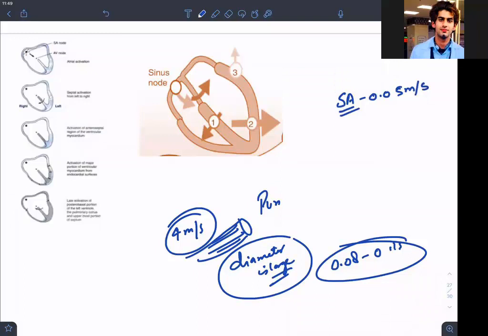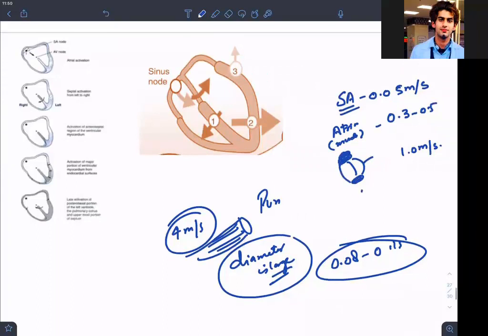What about the atria? I mean the muscle. It's around 0.3 to 0.5 meter per second. What about those tract fibers, the internodal tracts? Those tracts are 1.0 meter per second.